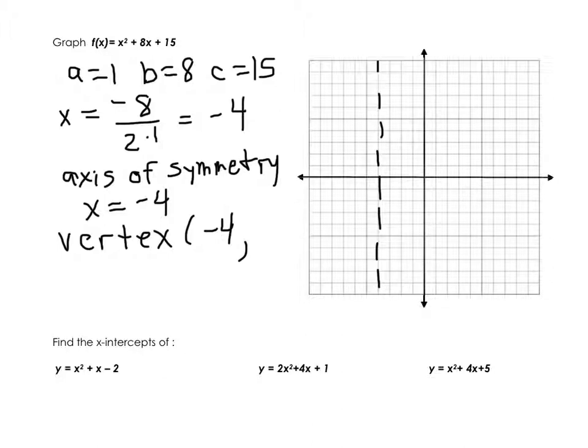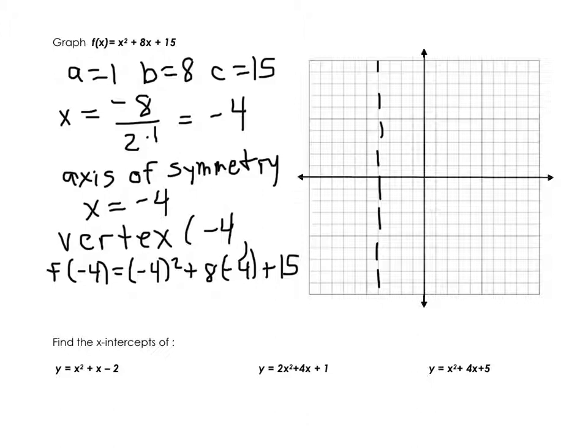What is y? Well, we need to find out. Let's put negative 4 into our equation. We want f of negative 4. So that gives us negative 4 squared plus 8 times negative 4 plus 15.